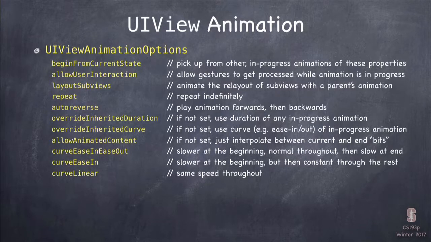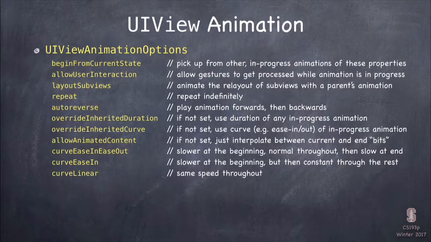So you can control whether it eases on either end. Going to the one on the top, begin from current state. Remember I said that the finished argument to the completion handler would only be true if the animation got all the way finished. Well, if you issue another animation while the previous one's still in flight during that 5 seconds, and it changes alpha in some other way, either that animation is going to start from the new value of alpha, which is 0, okay, even though it's still in flight and hasn't shown that 0 to the user, it still is 0, or the new animation of the alpha is going to pick up wherever the other one is.